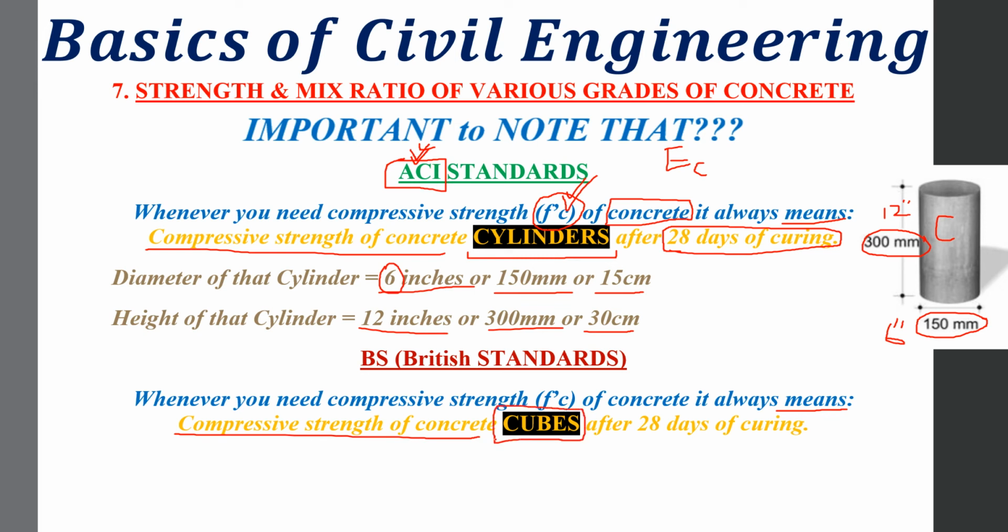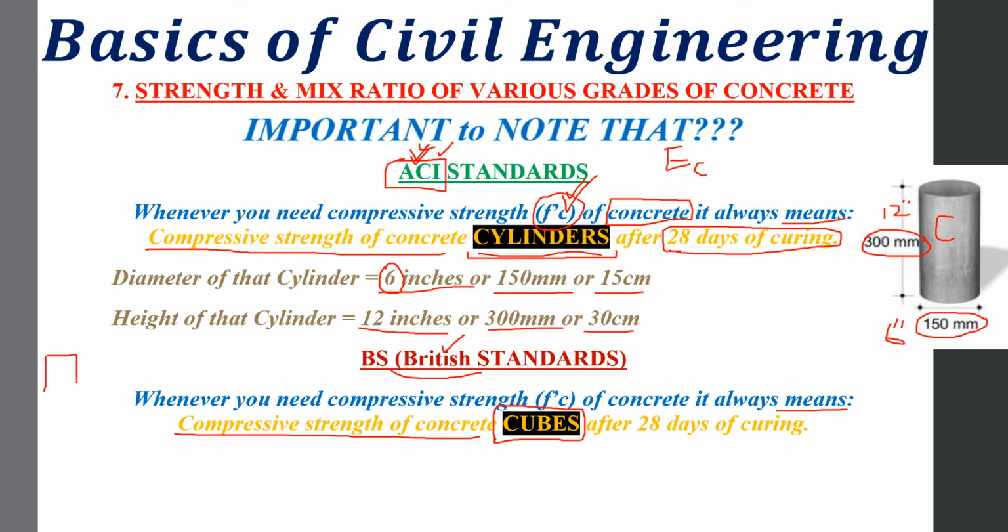So the basic difference is that in ACI standards, concrete cylinders are tested after 28 days of curing, and in British standards, concrete cubes are tested after 28 days of curing.